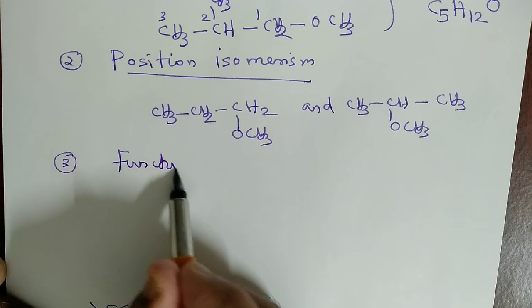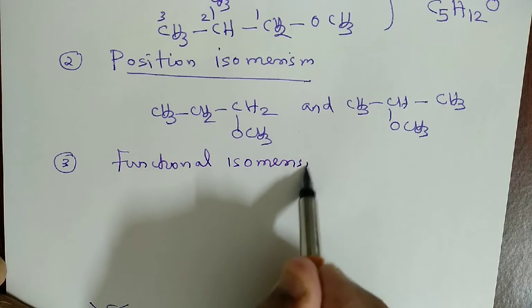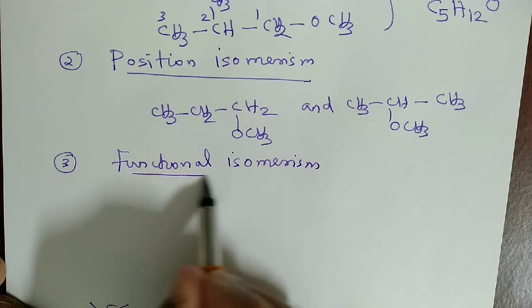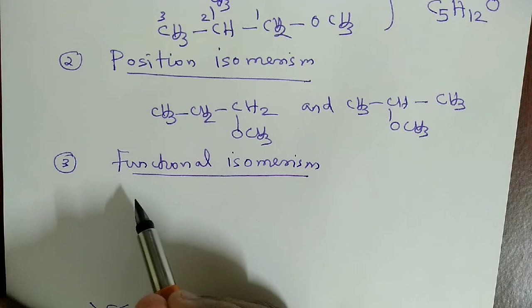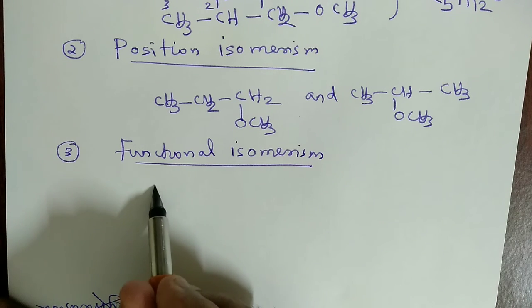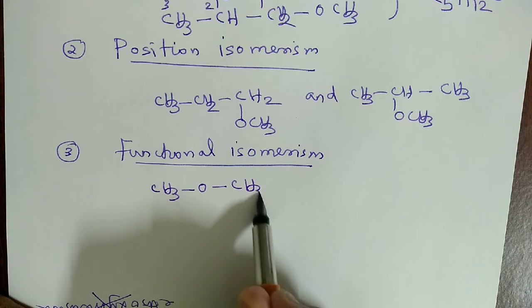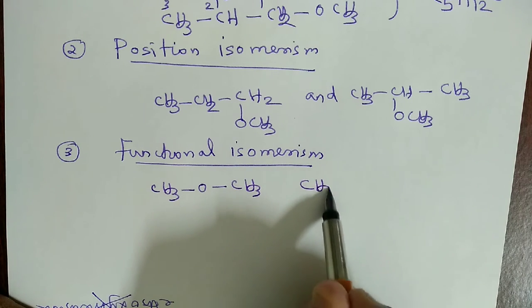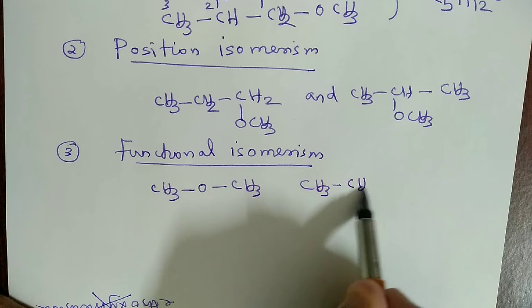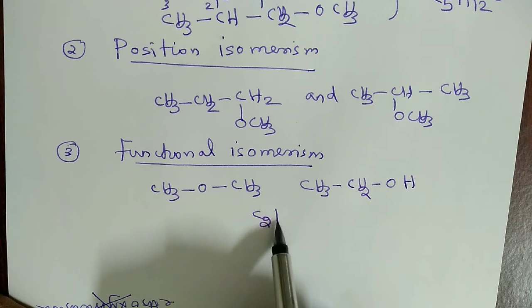Third one, functional isomerism. In functional isomerism, isomers differ with respect to the nature of a functional group. Ethers having 2 or more carbon atoms can show functional isomerism with saturated monohydric alcohols.